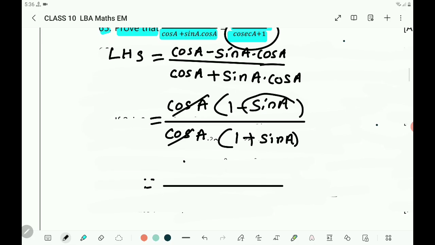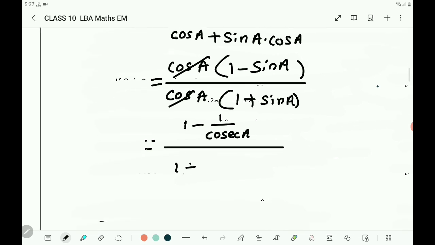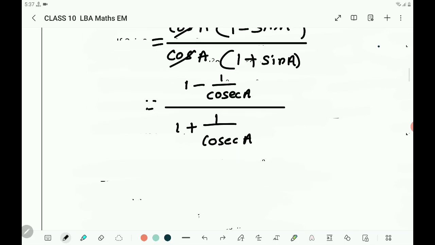So express this as 1 by cosec A. 1 you write 1 only, minus sin A means 1 by cosec A. Here also 1 plus 1 by cosec A. Sin A must be expressed as a reciprocal. That is, sin A is to be expressed as 1 by cosec A. Here also 1 by cosec A. And in both numerator and denominator, take the LCM.